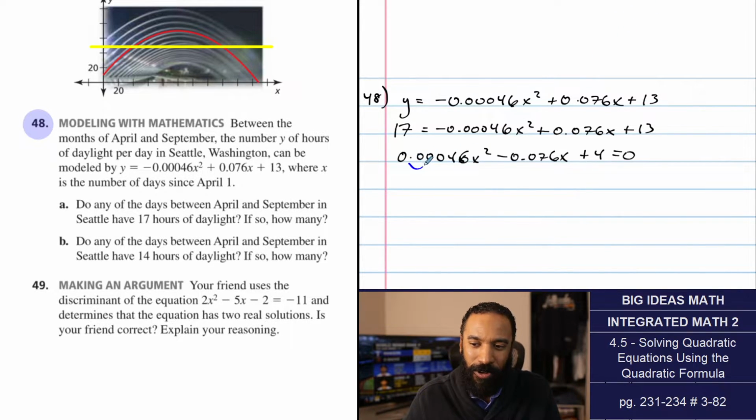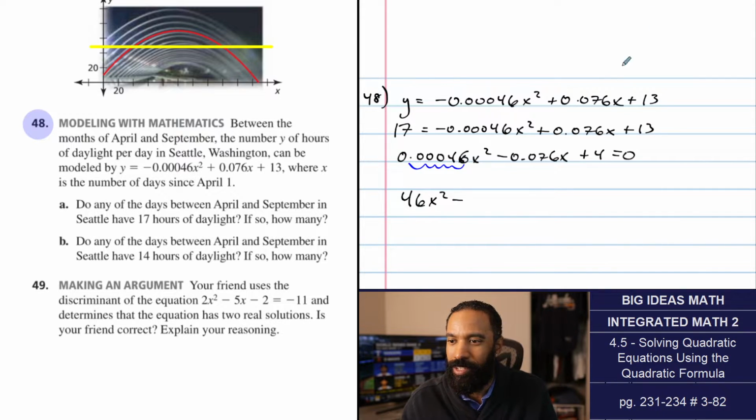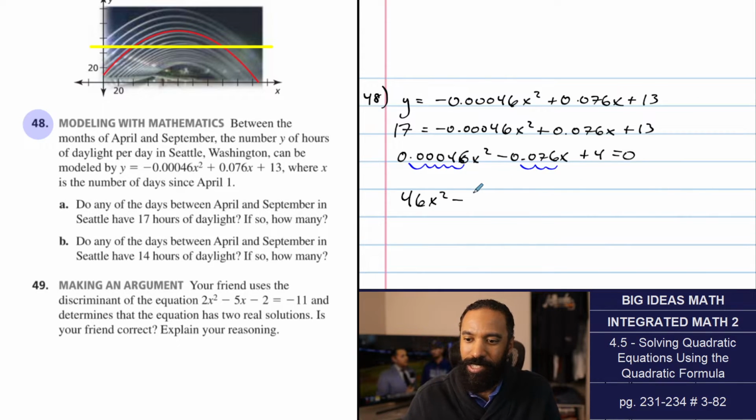I need my numbers whole. Multiplying by 100,000, I'm going to get 46x squared. I'll redo some of this. This is my only problem. I'm really bad at doing this. 7600x plus 400,000.